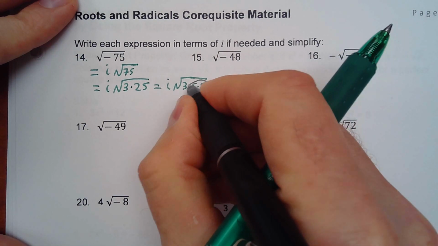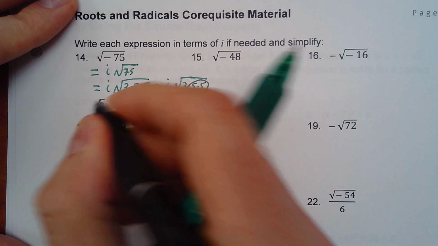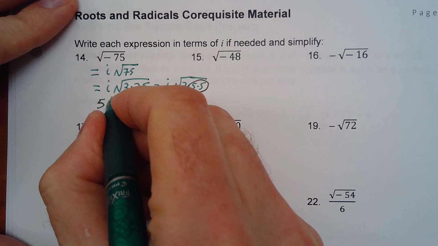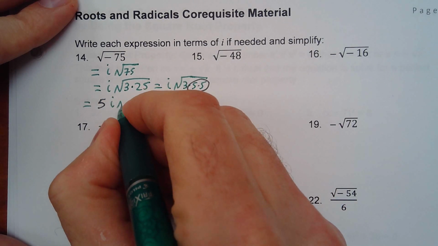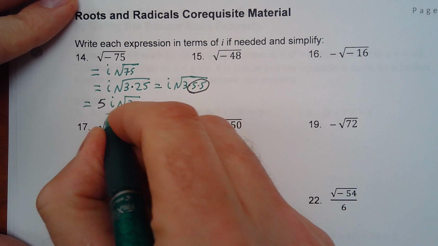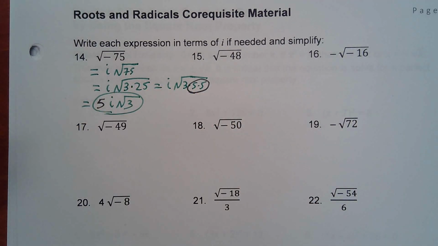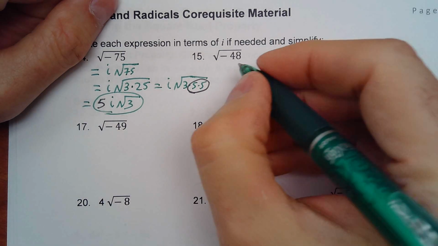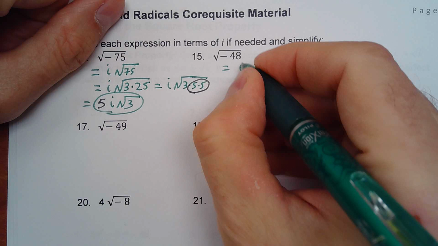Circle my 5, so the 5 will come out in front with the i. Square root of 3 would be underneath.